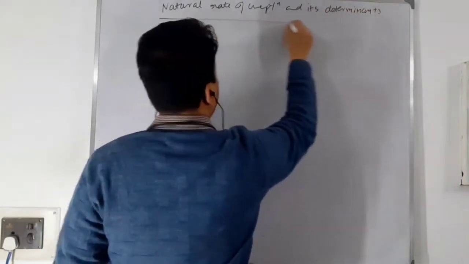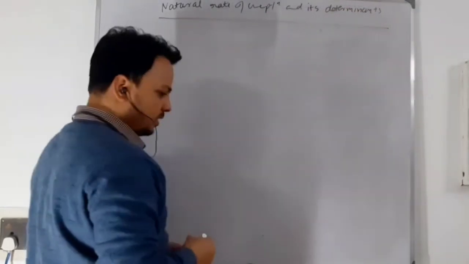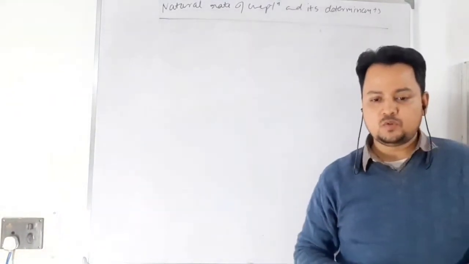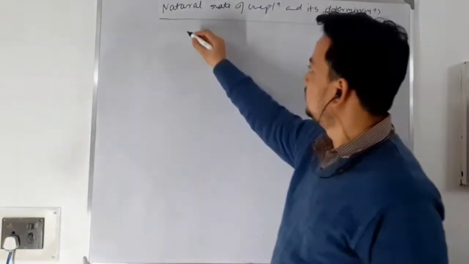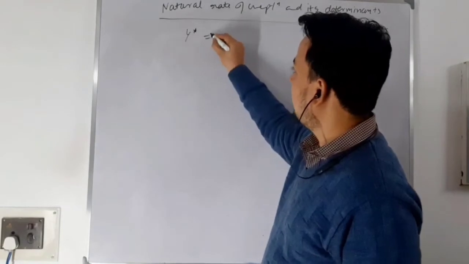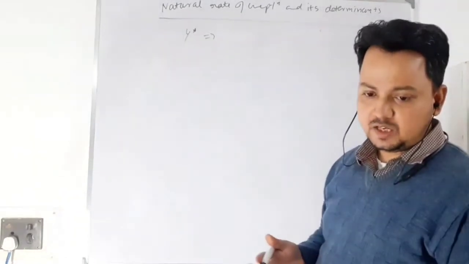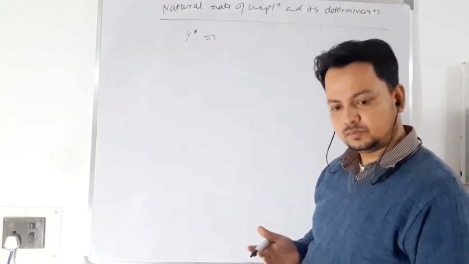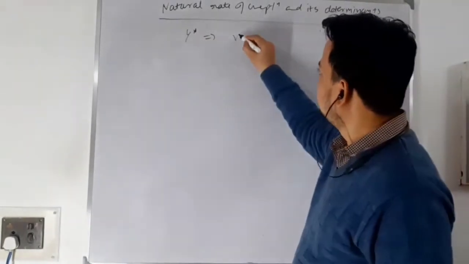I have asked the question: is it possible to have unemployment at the full employment level of output? The answer is yes. We have voluntary unemployment, that means at the going wage rate people are not willing to work. They are voluntarily unemployed.